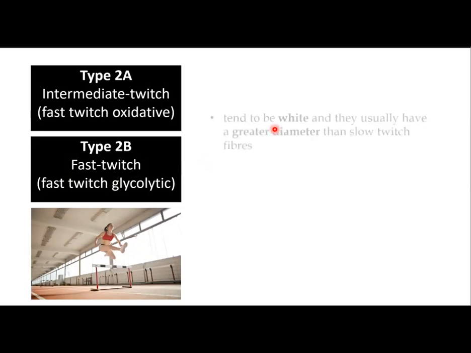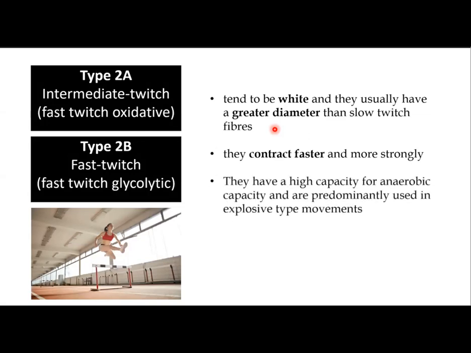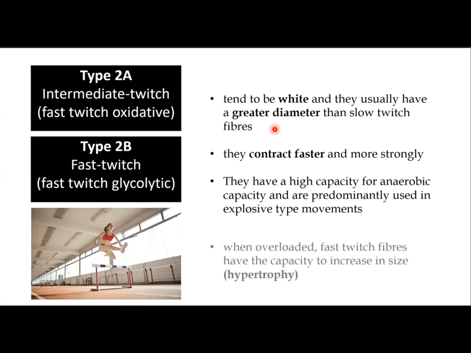In comparison to the slow twitch muscle fiber, they are a little bit whiter in color and bigger in diameter, and they are more suitable for very explosive movements. So they contract faster and they are stronger, right?